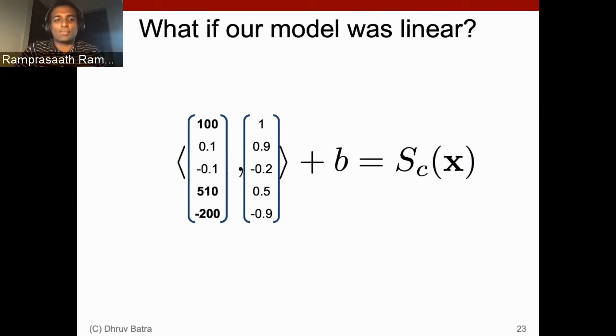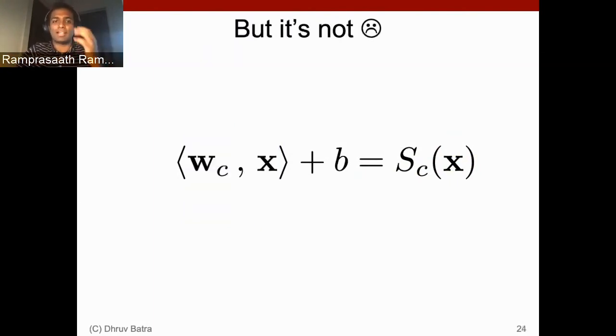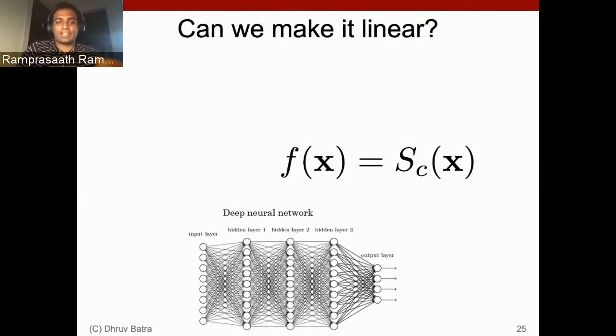So that way, this weight can be thought of as how important a particular feature is for a particular decision that the model makes. But our network is not linear. Definitely, we have a bunch of these ReLUs and max pooling layers that make our network not linear. But we can make it linear.